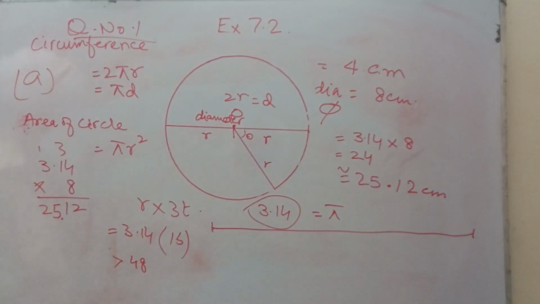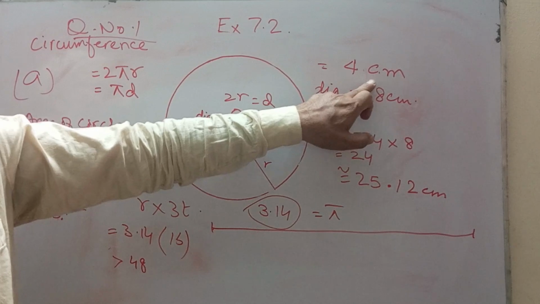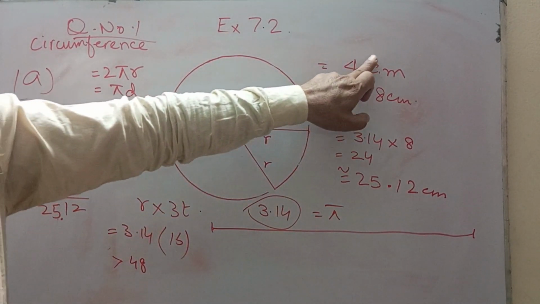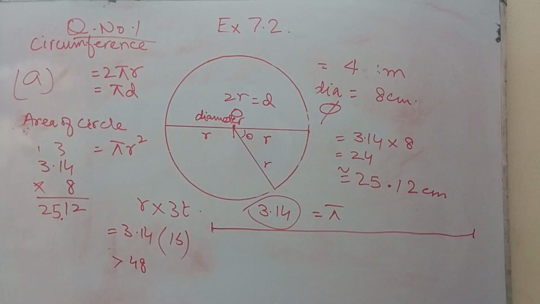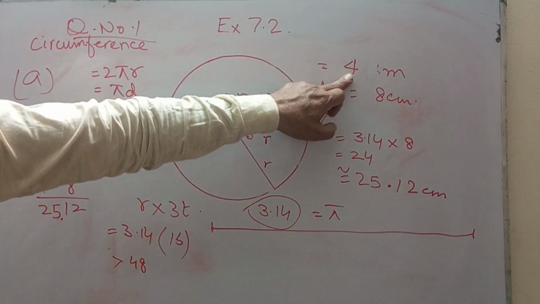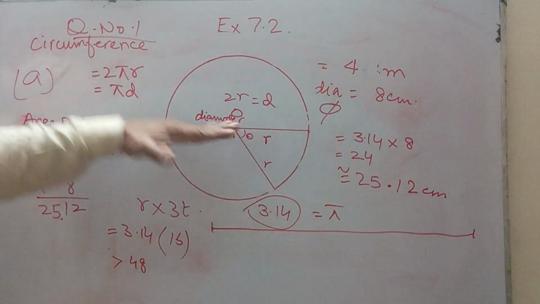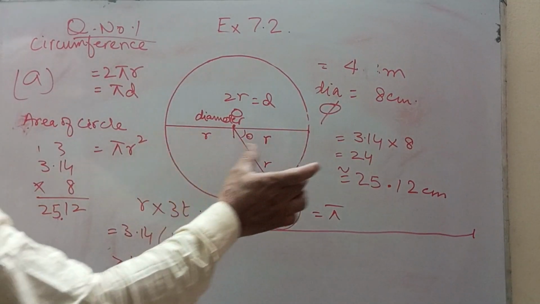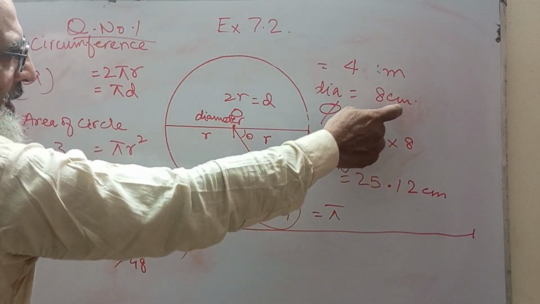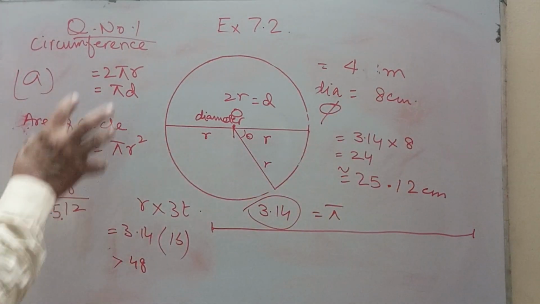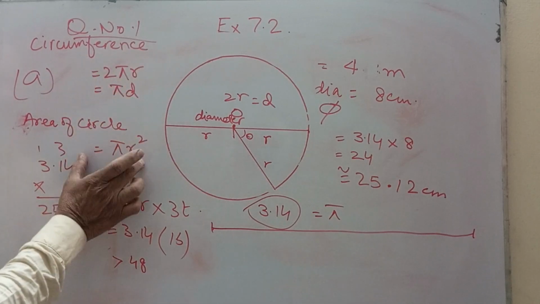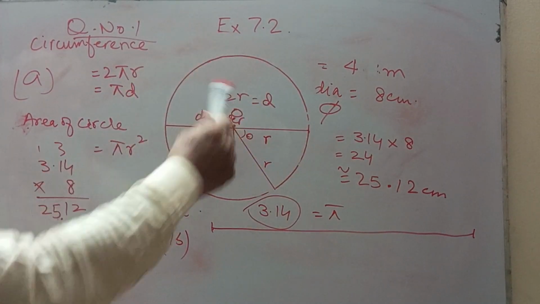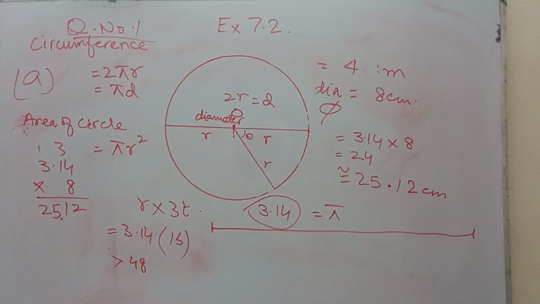In the book, it is 4 meters. The numerical value is the same, so it will be done in the same manner, but with a different unit. You only have to apply this formula and this formula. No need to draw this thing again and again.